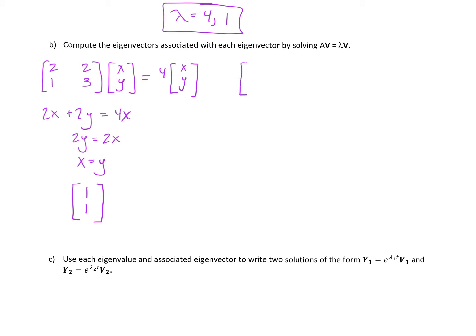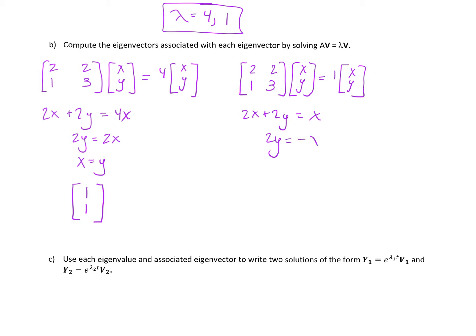Then we do the same process for the other eigenvalue. So 2x plus 2y equals x. We'll solve for y. Okay, so 2y equals negative x.